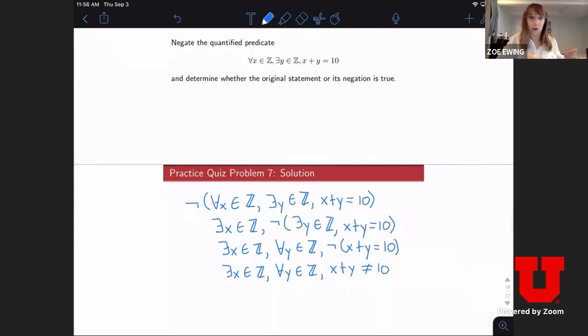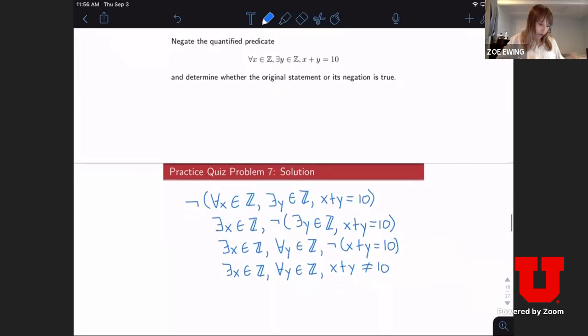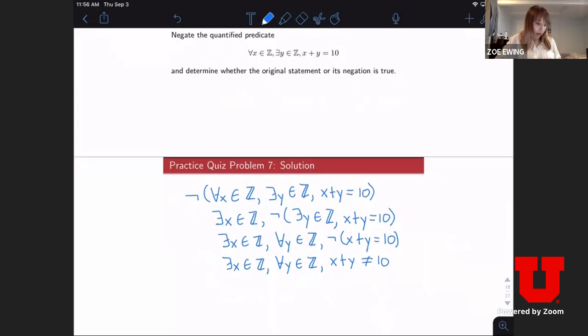Okay, so the original is true. This one is a little bit tricky because I had a second where I forgot. Integers do include negative numbers, which means that for every integer x, there is going to be another integer that you can add to make 10.